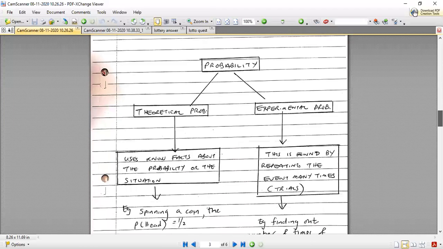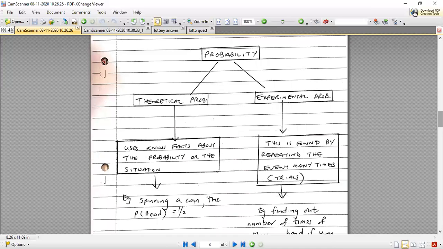Now, it's important to understand further that in probability, we get a theoretical probability and an experimental probability. So what is the difference between these two terms? The theoretical probability is the one we've been doing all this while, where we use known facts about the probability or the situation.